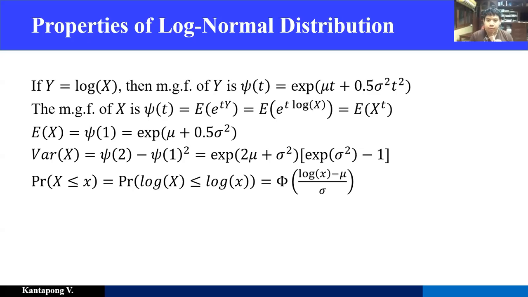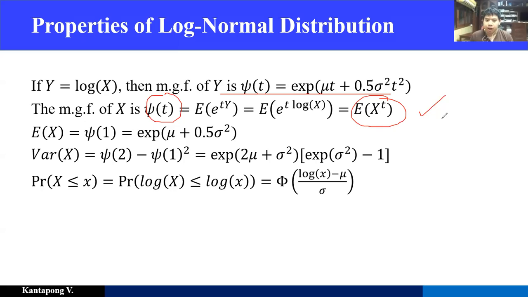So if, let's say, y is equal to log x, this is the MGF. It's very similar, right? The MGF is this term. This looks messy. But if it's log normal, because it is the exponential of the normal, the MGF of the log normal looks very nice.